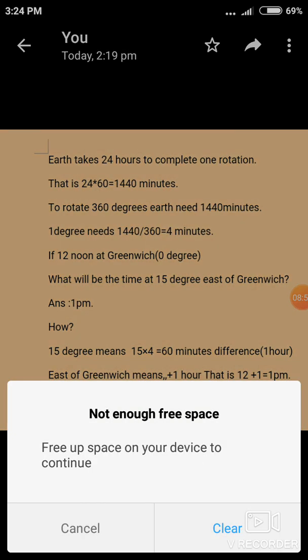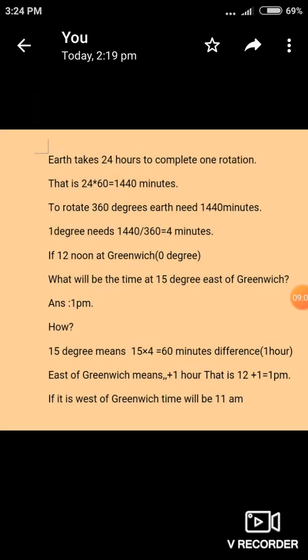The longitude of 180 degree east or west is the International Date Line. When ships or planes cross this line, 1 day is added if one is traveling from east to west. If crossing west to east, 1 day is subtracted. That you will study in your higher classes.